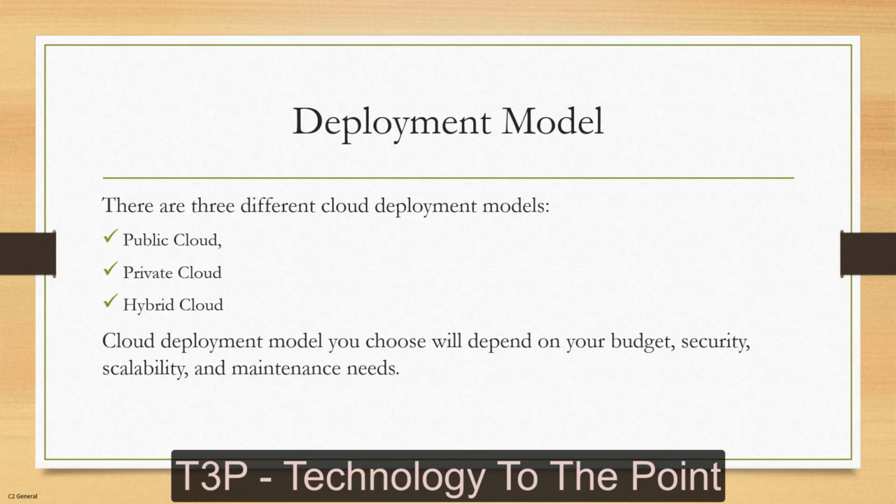This kind of cloud is known as a hybrid cloud. Or it might be possible that you want to take services from multiple clouds, so that is also known as a hybrid cloud. So how do we choose these deployment models? It all depends on your budget, security, scalability, and maintenance.